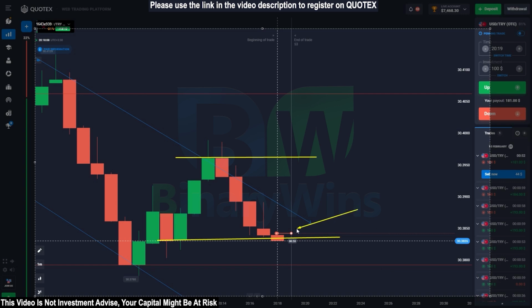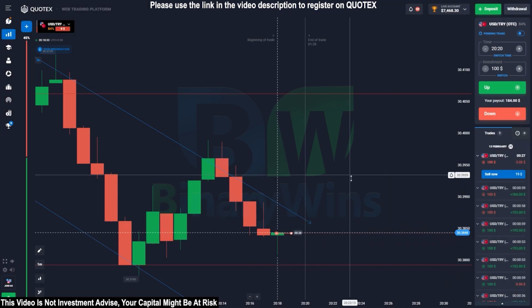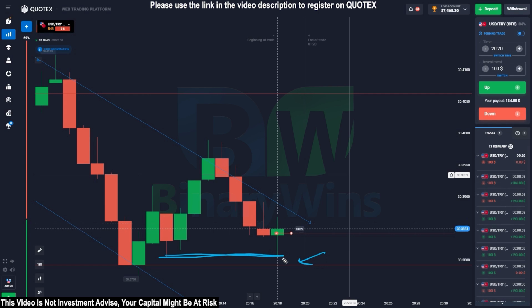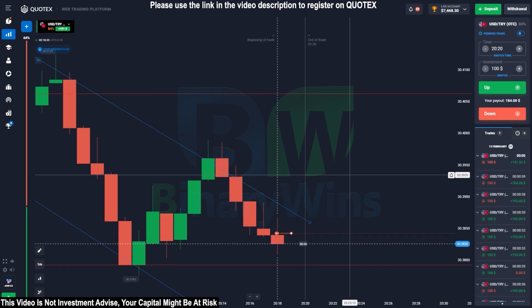A gap and distance to the level, a brief momentum, and the possibility of continuing the downward trend. The candle has received pressure and rejection from this level and has returned to the top. That is, we have a buyer's zone here, an important range of buyers. Okay?